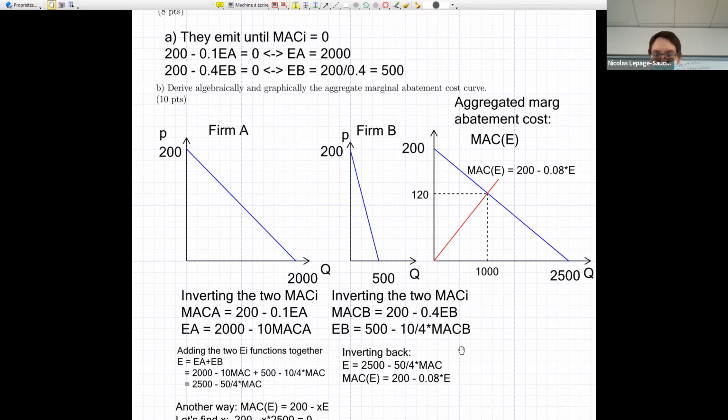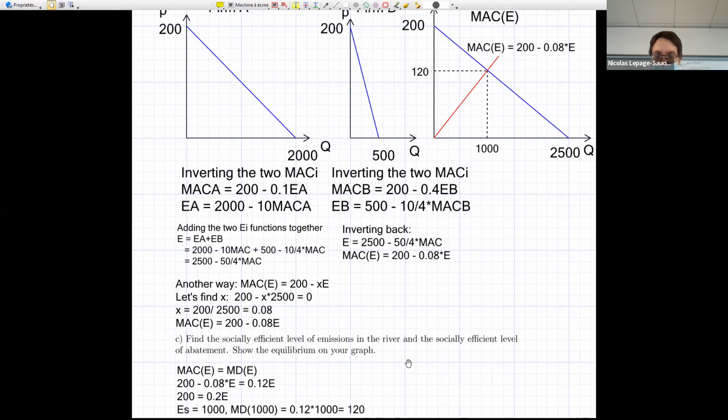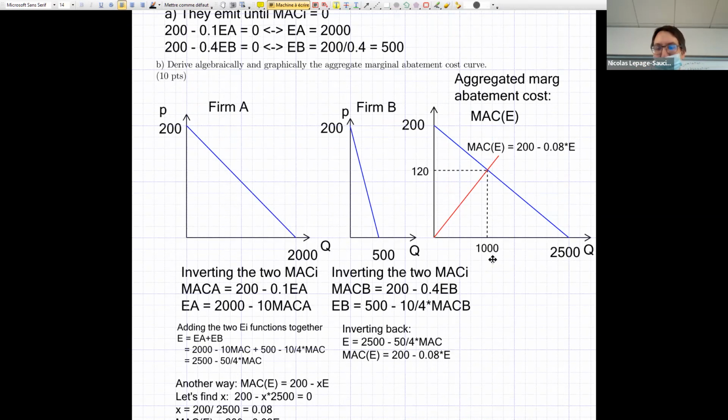So I'm going to do it here. Total social cost. Do your best. So it's at the socially efficient level. So at 1,000, what would be the total social cost? Well, just before we start, somebody remembers what it is?